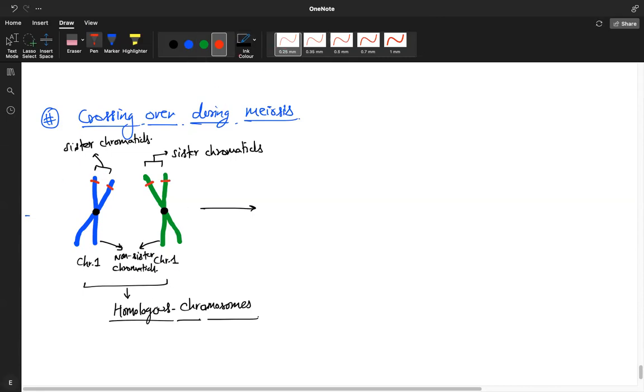But the difference will be that, let's say this gene is for height, and one chromosome coming from the mother contains capital T as the allele for dominant height, tall. This you have studied in class 10th. And this contains small t. But the gene at the same place is for height in both chromosomes. One has allele capital T, another has allele small t.